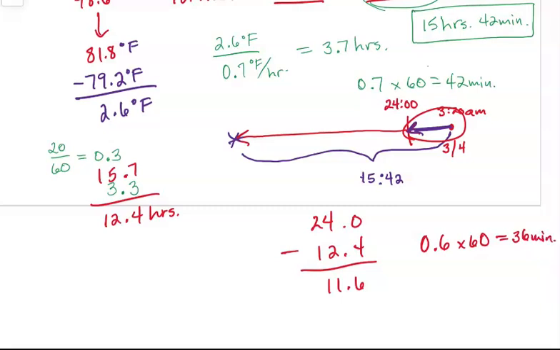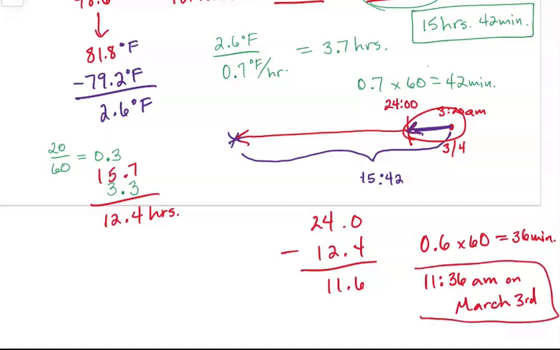So we've gone back in time 12.4 hours, which leaves us at 11:36 a.m. on March 3rd.